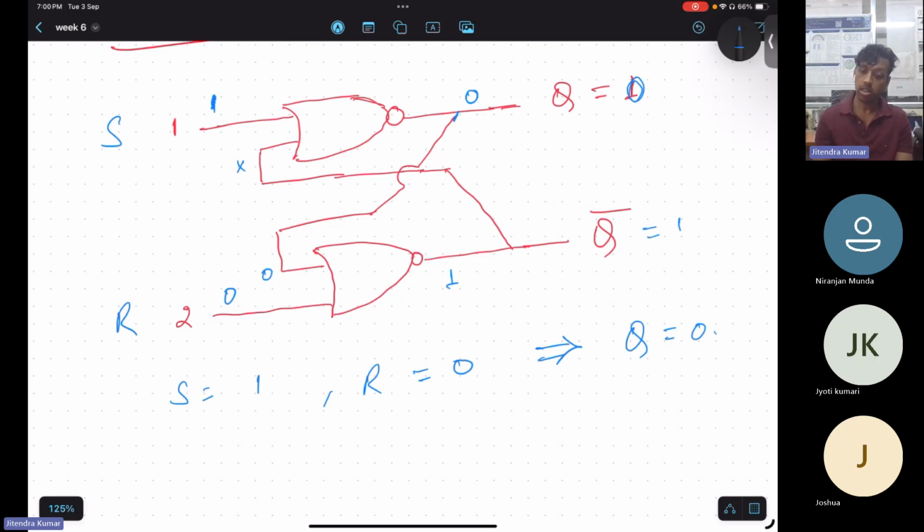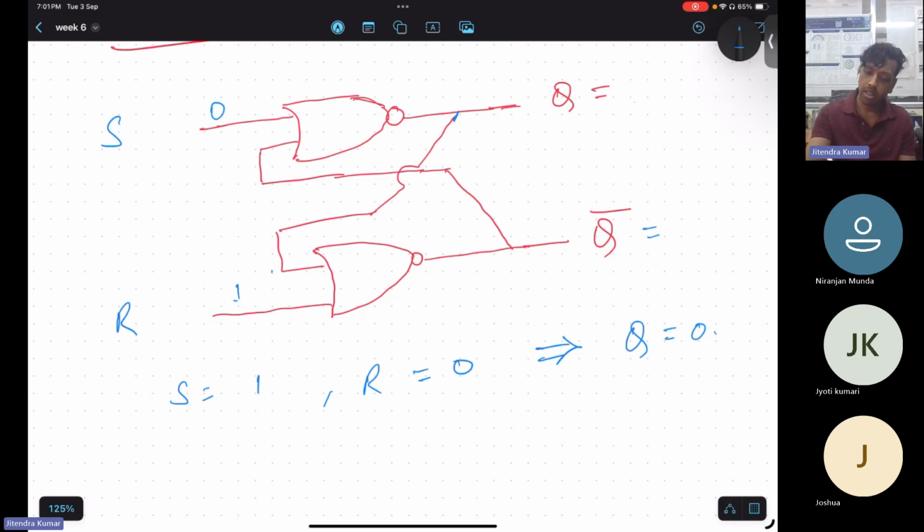Now let's go ahead with the other option. Now we are going to feed 0 on S, the opposite of the earlier. We are going to feed 0 here, 1 here.